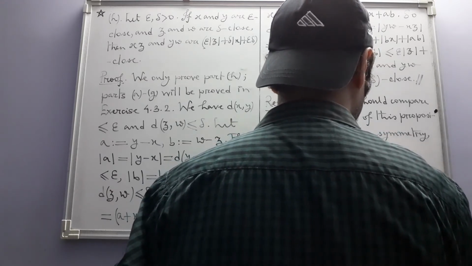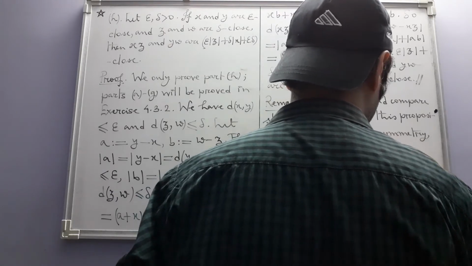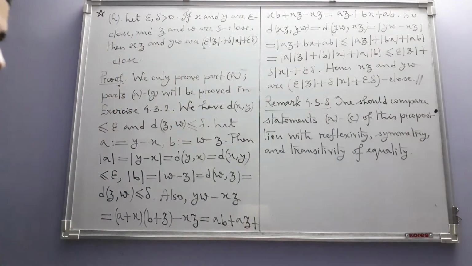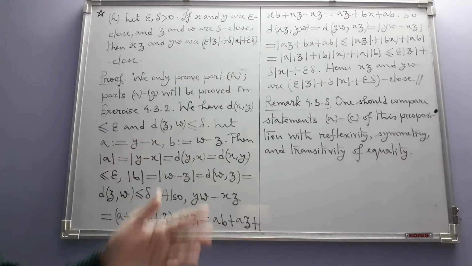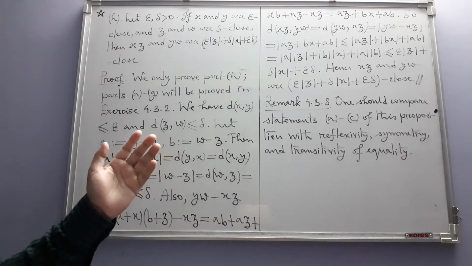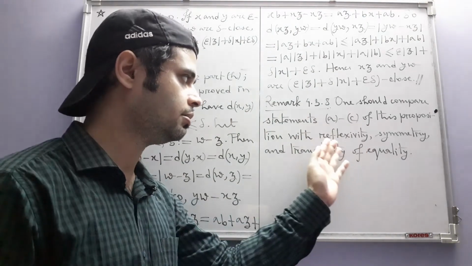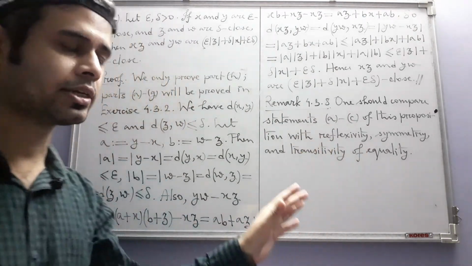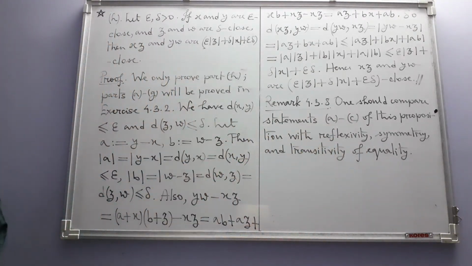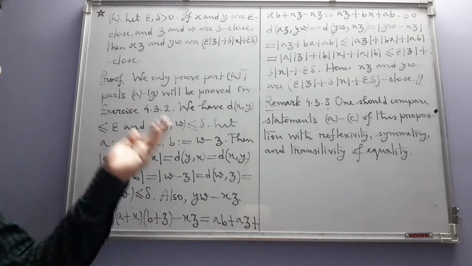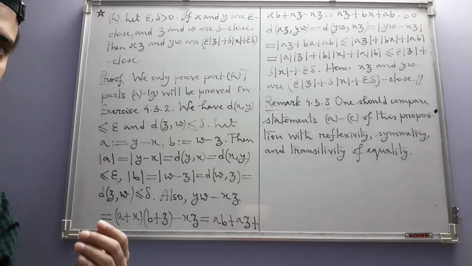Equality is an equivalence relation, so it has those three properties. Parts A through C are somewhat like reflexivity, symmetry and transitivity. In what sense, I am not going to elaborate on that. You go to these statements and you look carefully.